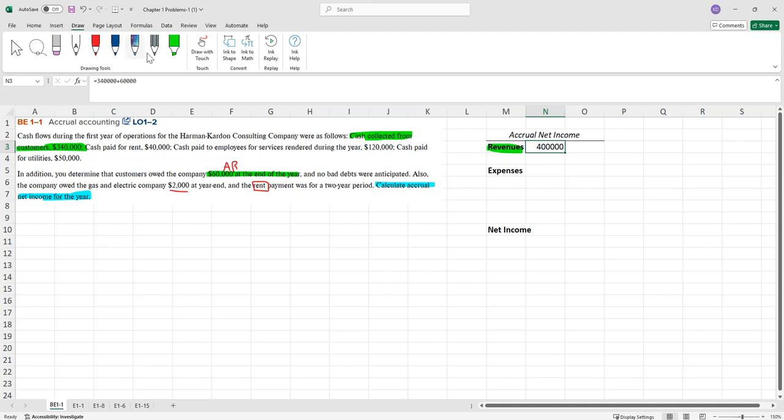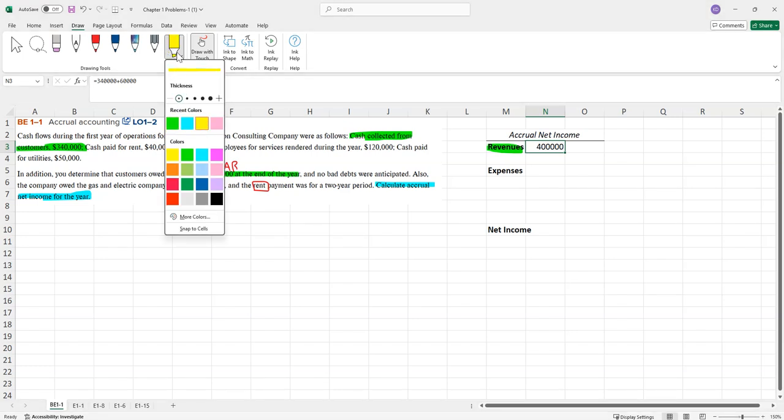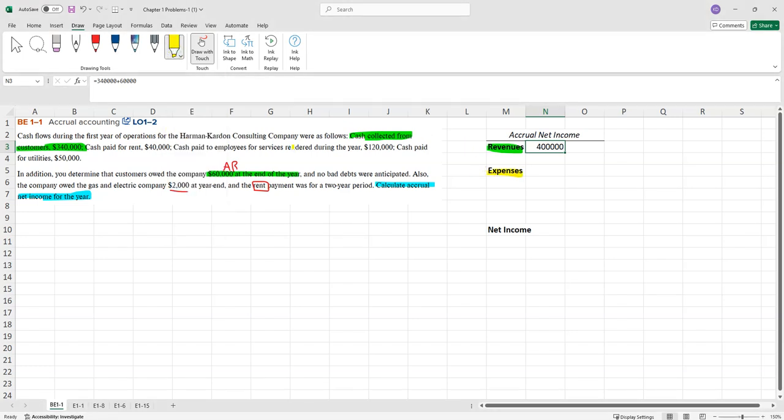Next, let's look at the expenses. We'll just make these yellow. We know that it's going to be something like rent, salaries, and then utilities, just based off the facts. Let's focus on them one at a time.